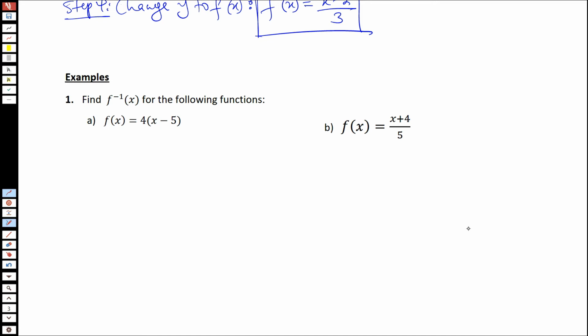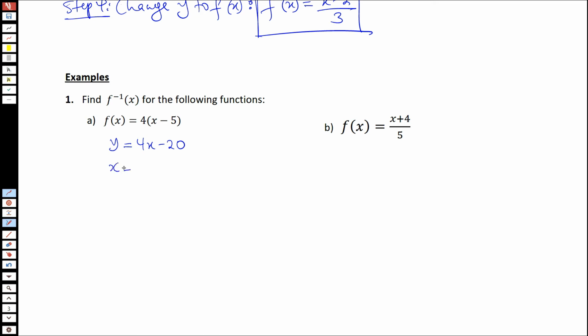Number one, find the inverse function for the following functions. We first of all change f of x to y, and then we can expand the bracket as well. So that will be 4x minus 20, and then we interchange x and y.